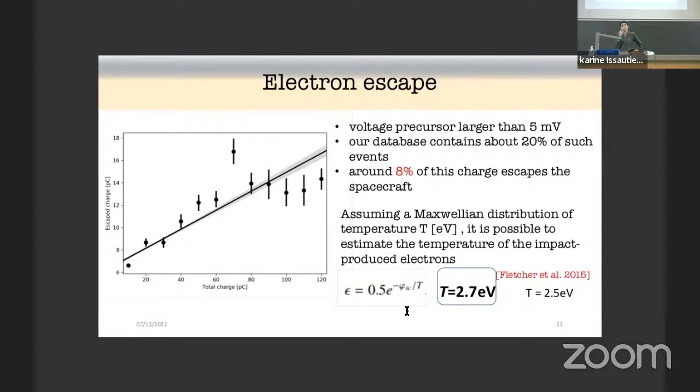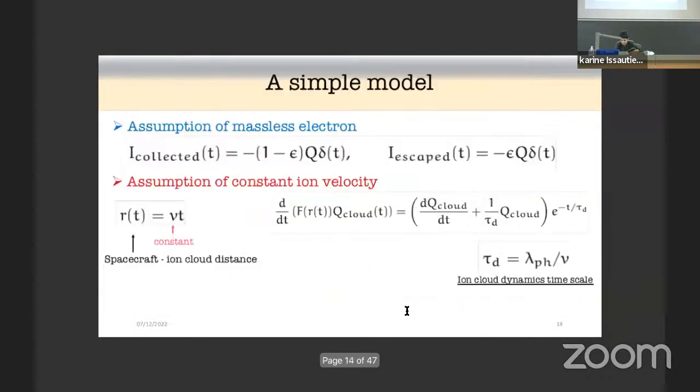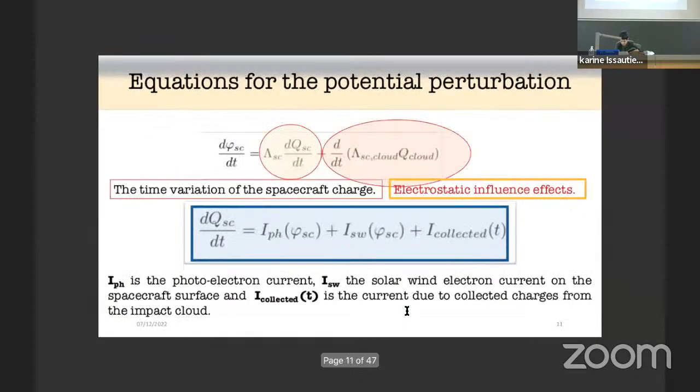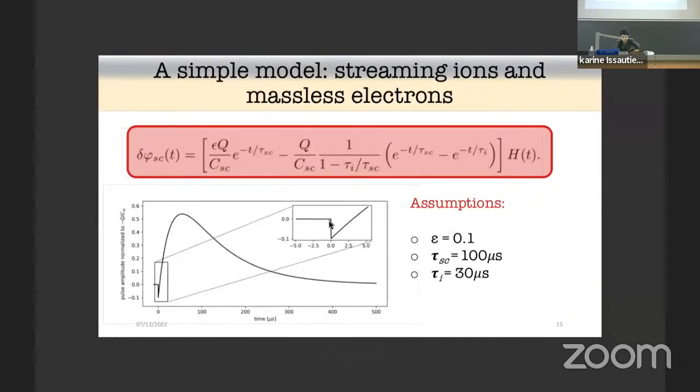So if we had some time scale for the electrons, this wouldn't be so sharp.